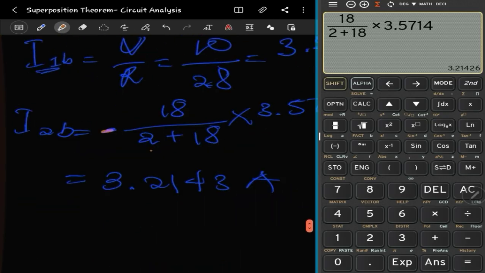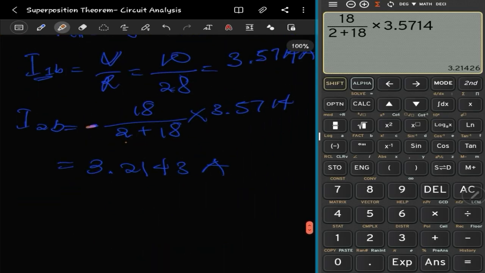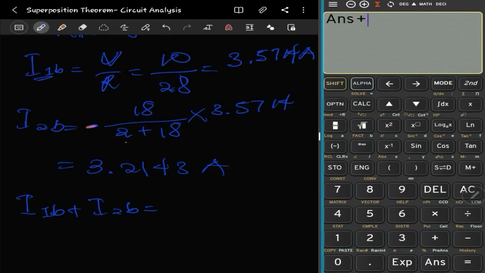Right? So I1B plus I2B, this will be 3 point. This one should be negative. There should be a negative somewhere. Sorry.